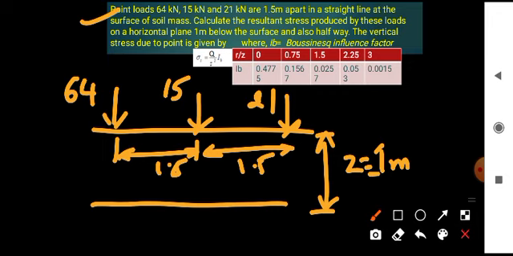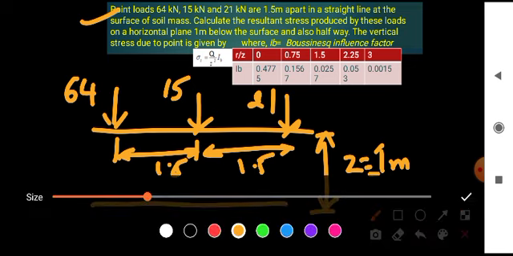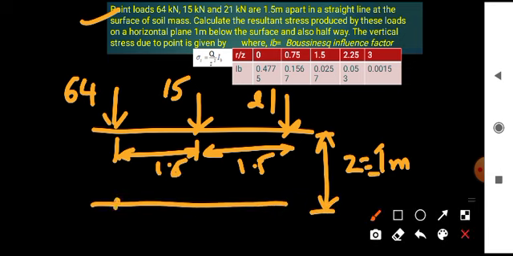So we have to consider now the first condition as beneath that point only. Assume the first condition: we are calculating the vertical stress produced beneath the point of 64 kilonewton, at a depth of 1 meter.